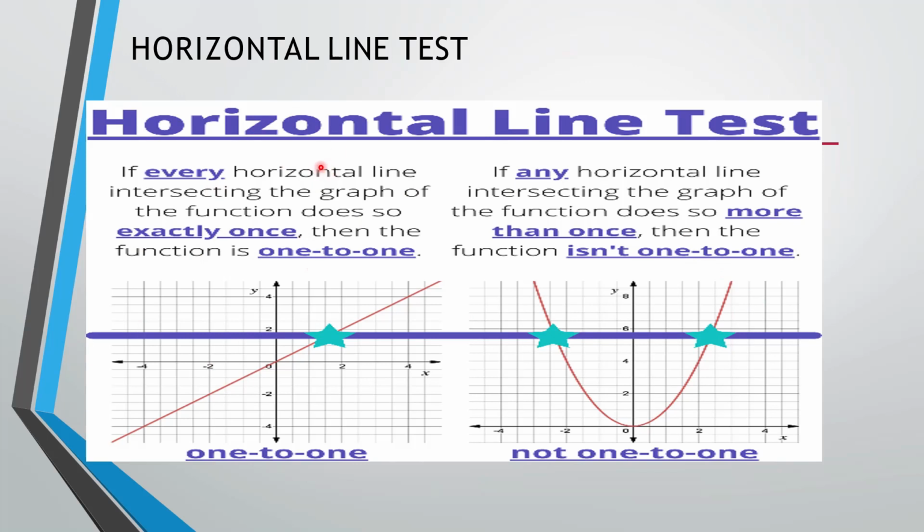If it intersects one time, then it will be a one to one function. This is how we can differentiate between one to one functions and functions that are not one to one. So it's the way we test a function, the horizontal line test.